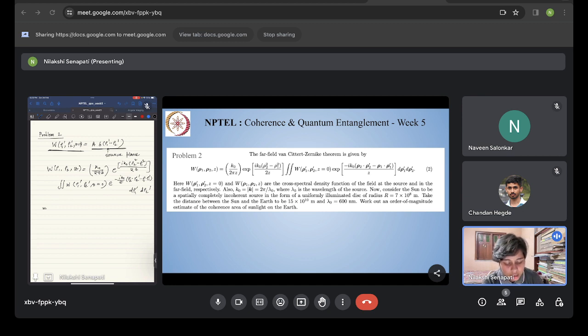Now what you need to do is to solve this, and for that first you need to substitute this, and it will become e to the power minus i k0 by z (ρ2 minus ρ1)·ρ dρ, where ρ is the xy.